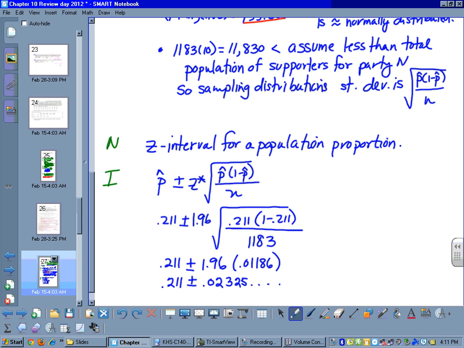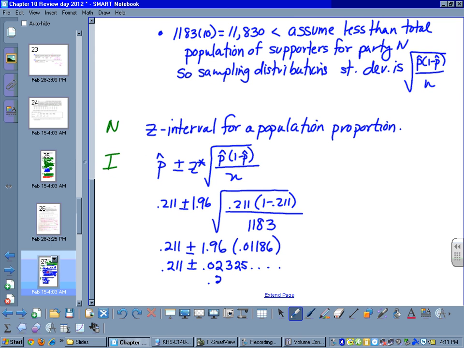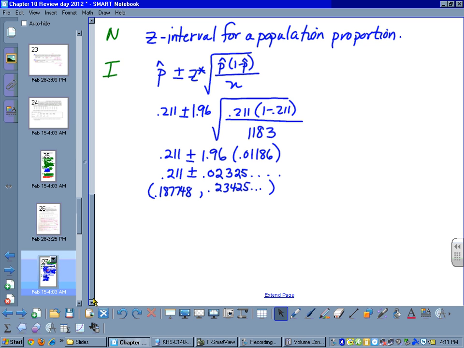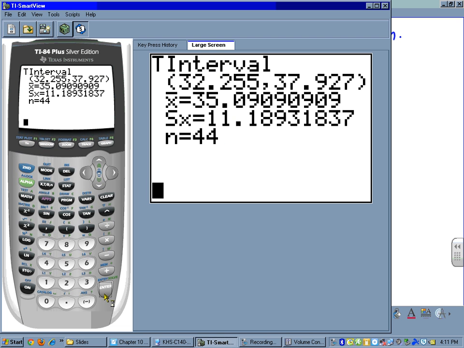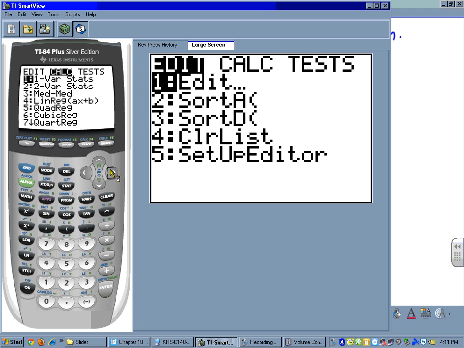So I can do 0.211 plus M and get the top of my interval to be 0.23425. And then if I do 0.211 minus my margin of error, I get 0.187748. And I'm going to check that with my stat test.